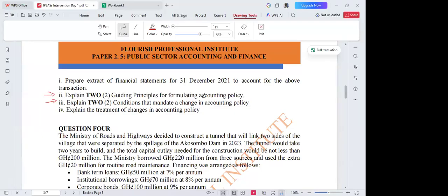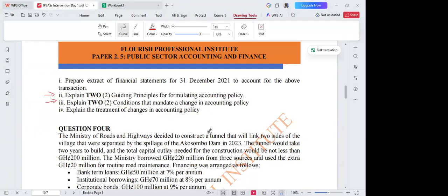I think the effective date was this year. So from this year, we are using IPSAS 47 for revenue. We are not using IPSAS 9 and IPSAS 23. So when there is a new IPSAS, it will mandate a change in accounting policy, meaning that how you used to do things in the past will change. So that's one. Which other one can we talk about?